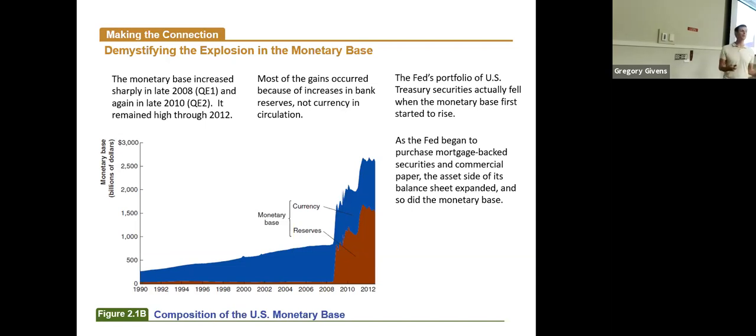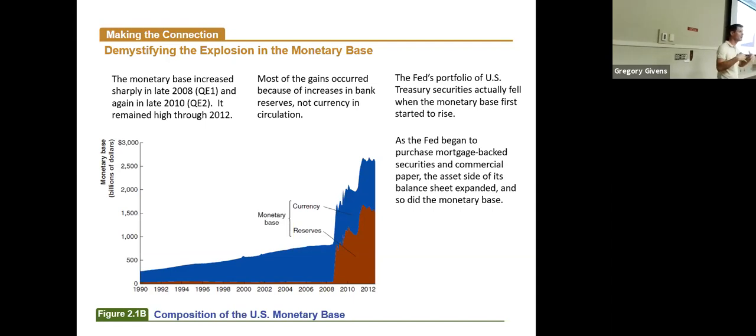So it wasn't a big explosion in the Fed's holdings of Treasury securities, but in its holdings of other assets that caused its balance sheet to go way up, mainly mortgage-backed securities, federal agency debt, holdings of commercial paper, and at the time, actually, the Fed took into partial receivership a lot of the assets that were originally owned by Bear Stearns, which failed or was purchased, I think, by Goldman or one of these other financial institutions at the time, as well as AIG, which was this giant insurance conglomerate.